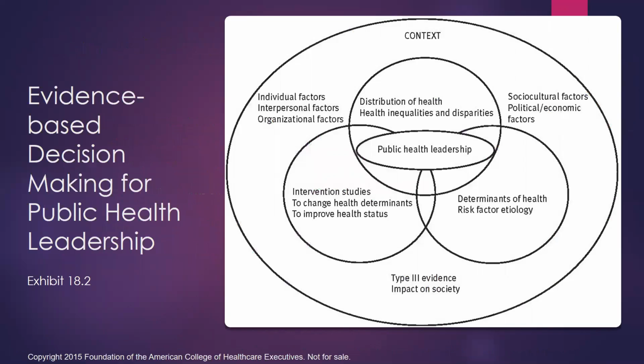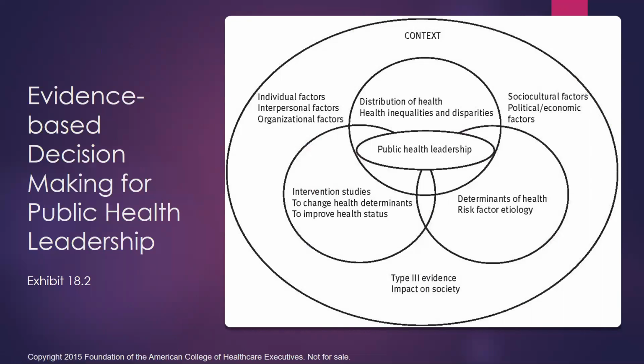So here we see the context at the top. Sorry, it's a little blocked there. But thinking about in the context of all those different levels, what is the distribution of health, what health inequities and disparities exist within our population, what do we know about risk factors for diseases and the determinants of health, and then what intervention programs do we have available to us that can impact population level health.